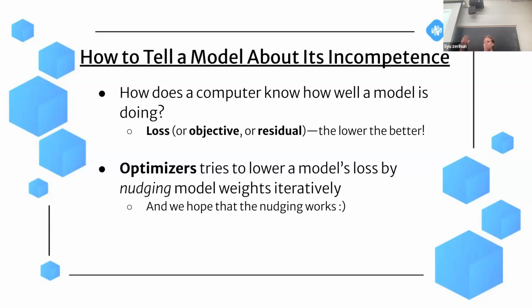So basically an error, and the smaller the error, the better. And so optimizers work by trying to lower a model's loss by nudging the weights each time. And it does this again and again and again. Hopefully we get to a good point where the loss is low enough that it generally gets most of the predictions correct.